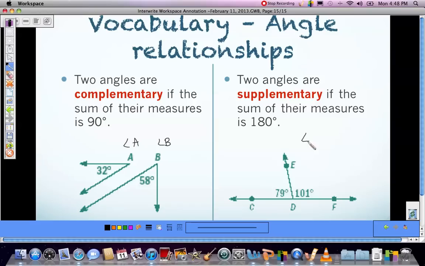So I would call this angle CDE, where the vertex D is in the middle of my angle name. So angle CDE is supplementary to angle EDF. And these two angles are supplementary because their sums, 101 and 79, equal 180 degrees.